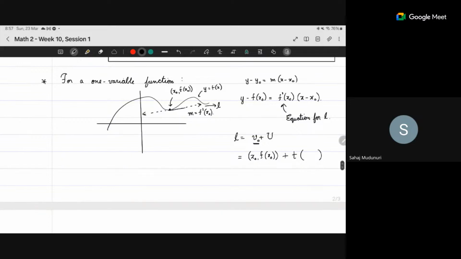That vector can be the velocity vector. I know the velocity at that point: it is 1, m, but that m is actually f prime of x naught.